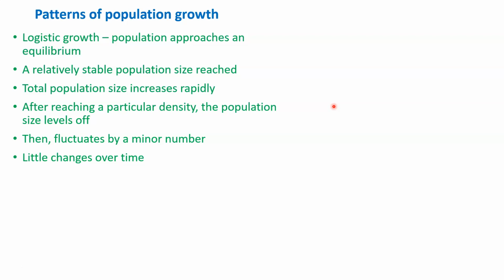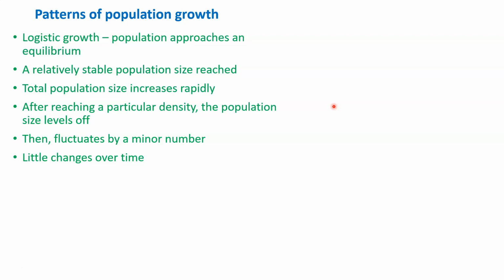So under logistic growth, we know that a relatively stable population size is reached, right? The total population size first increases rapidly, right? And then after the population reaches a critical density, the population size levels off, right?